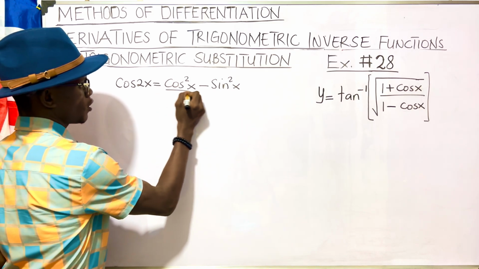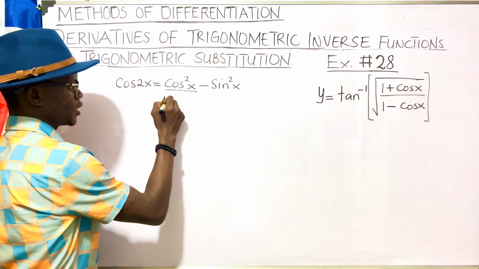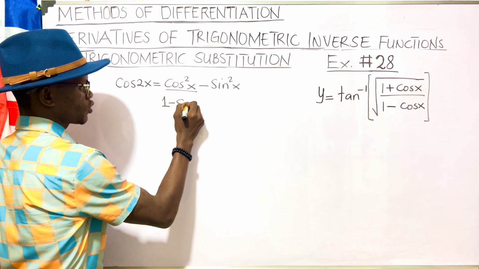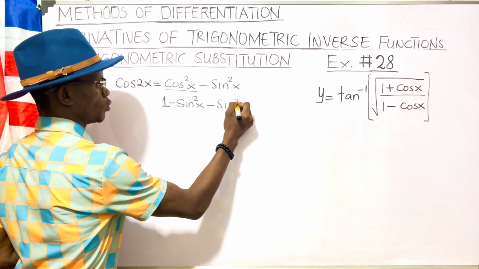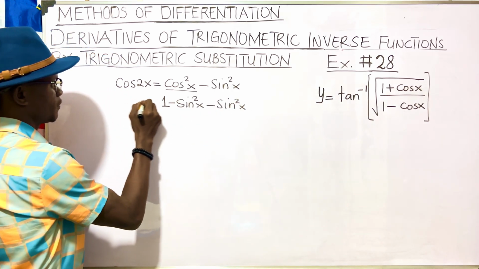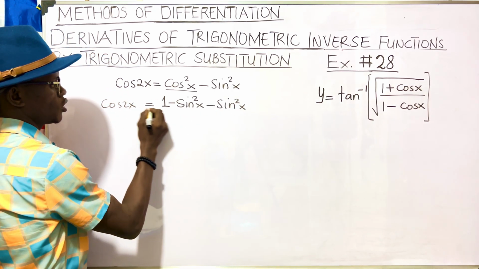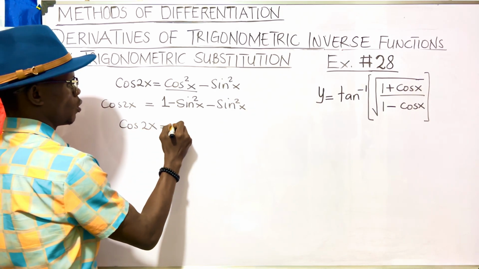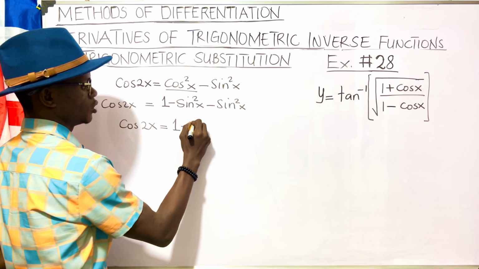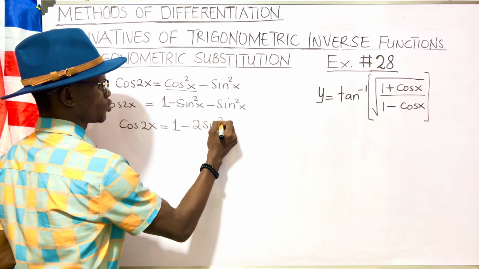If cos square x is replaced with 1 minus sine square x, which is the Pythagorean identity, we will just have cos of 2x now to be 1 minus 2 sine square x.